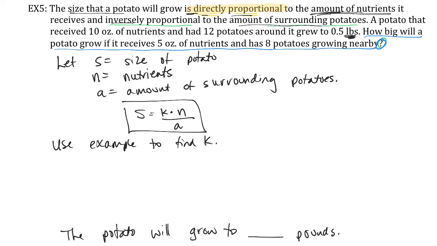Okay, now I need my example. Okay, here we go. A potato that received 10 ounces of nutrients. So in the example, I have nutrients is 10, 12 potato neighbors, so A equals 12, and it grew to a certain size. That's my S. S equals 0.5. Okay, so we're going to plug those in. 0.5 equals K times N times 10 divided by, oh, wait, divided by A. That should be a 12.